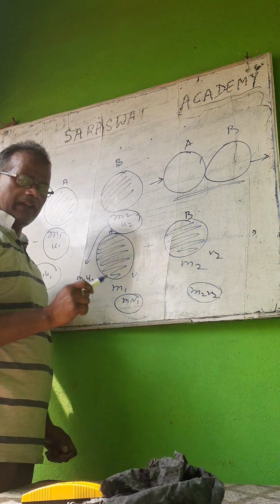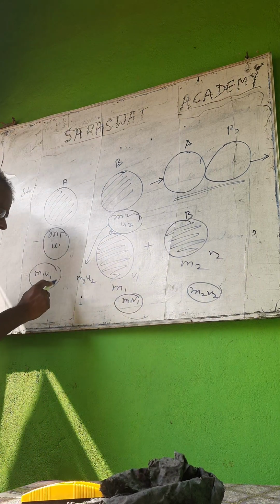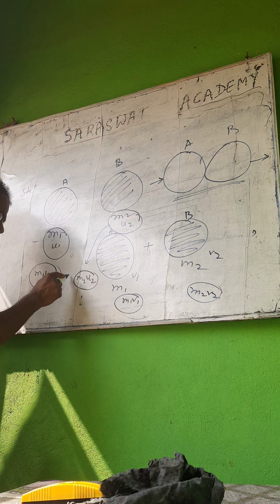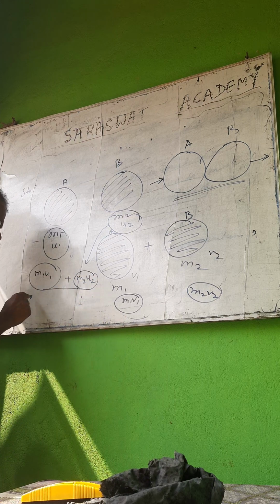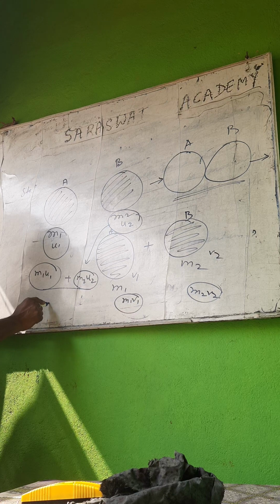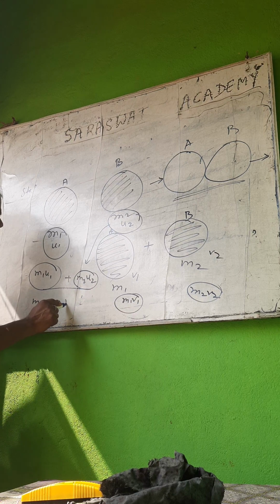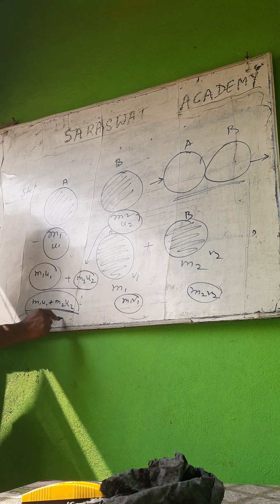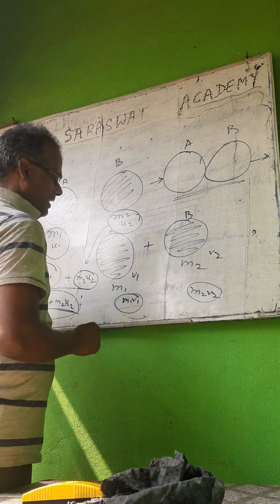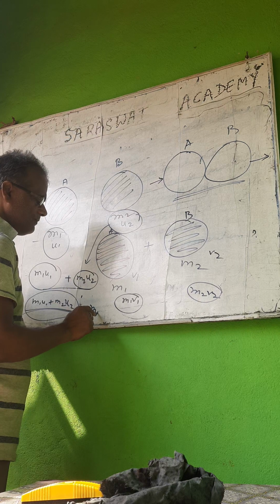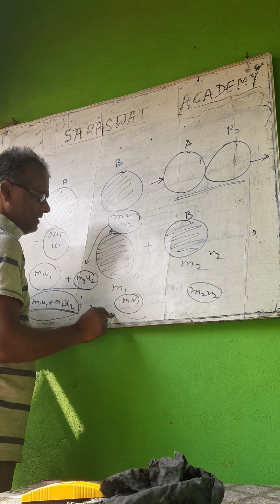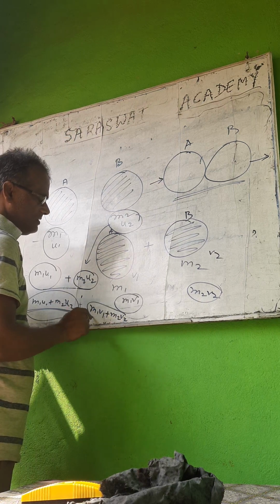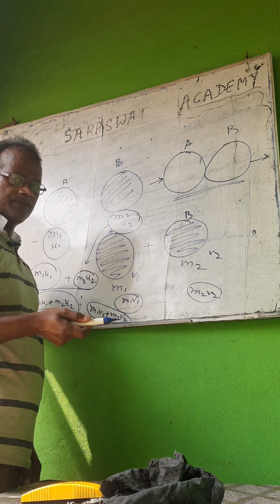So after adding, before collision the value will be m1 u1 plus m2 u2, and after collision m1 v1 plus m2 v2.